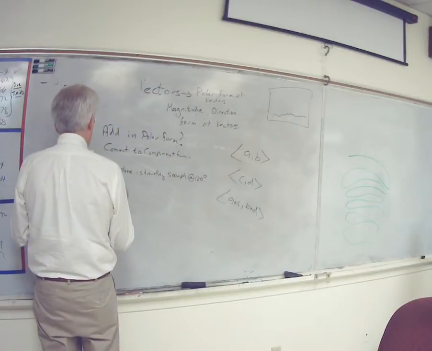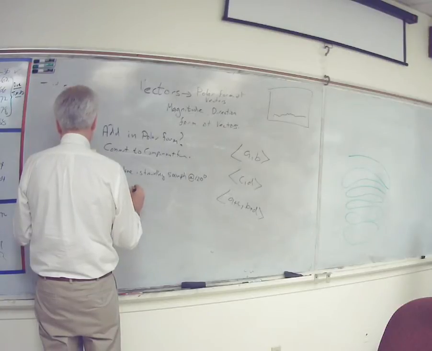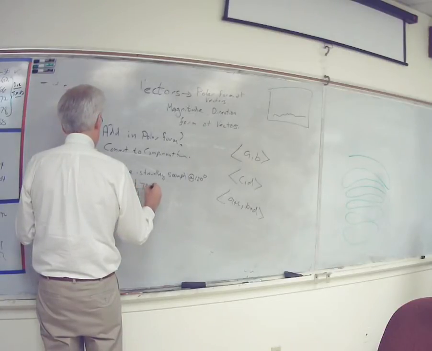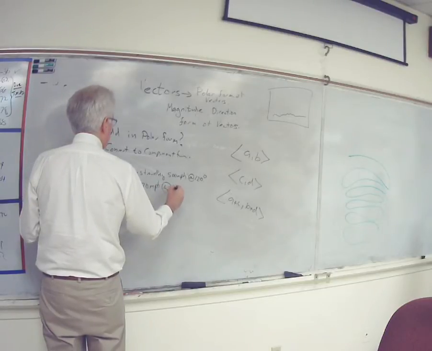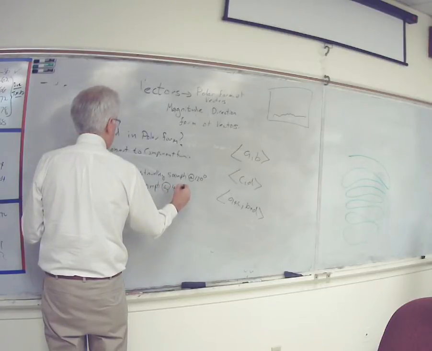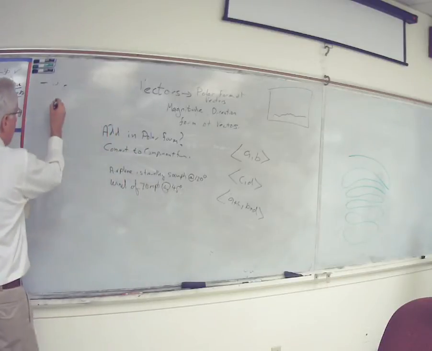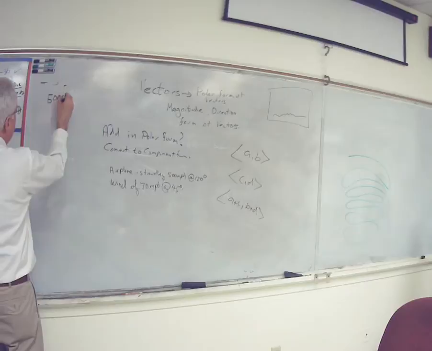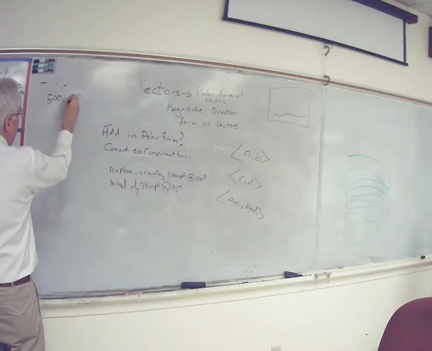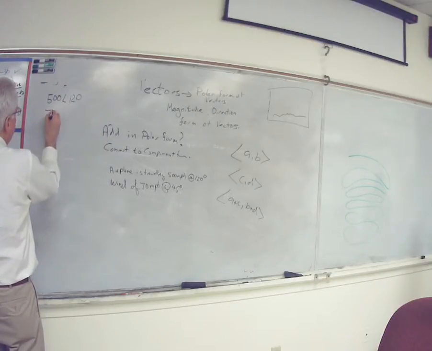There is a wind of 70 miles per hour at 45 degrees. So what do I have? I've got one vector, which is the plane, 500 at an angle of 120, and then I have 70 miles per hour at an angle of 45, which is the wind.